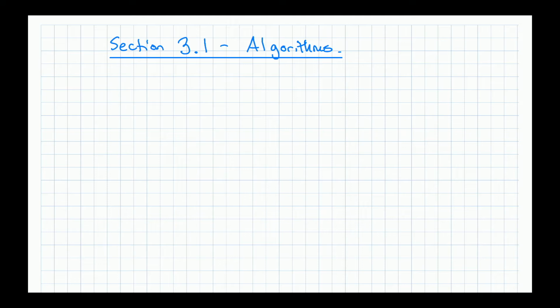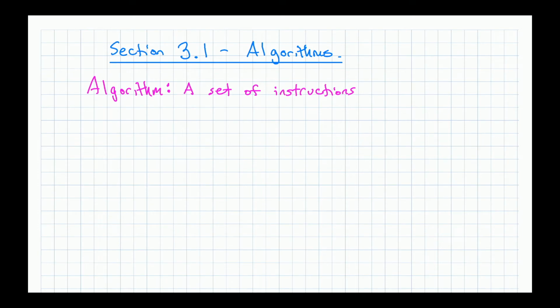So let's go ahead and mention what you're supposed to know already. First of all, you need to know what an algorithm is. So what is an algorithm? An algorithm is just, I'm going to summarize here, not write out the whole thing, a set of instructions to solve a problem.